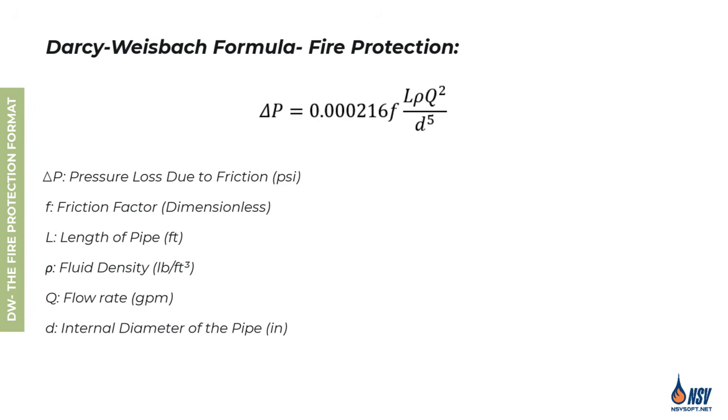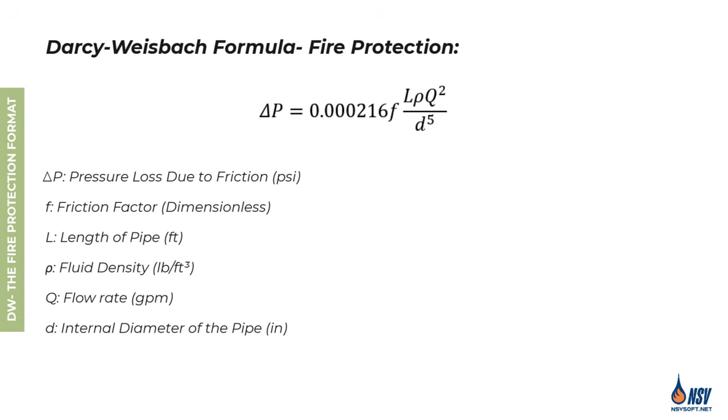Instead of calculating head loss in feet, this formula gives us the friction loss directly in pounds per square inch. Rather than figuring out fluid velocity in feet per second, it lets us plug in the flow rate directly in gallons per minute. And instead of measuring pipe diameter in feet like the classic format, we get to use the inside diameter in inches, which is exactly how we size pipes in the real world.